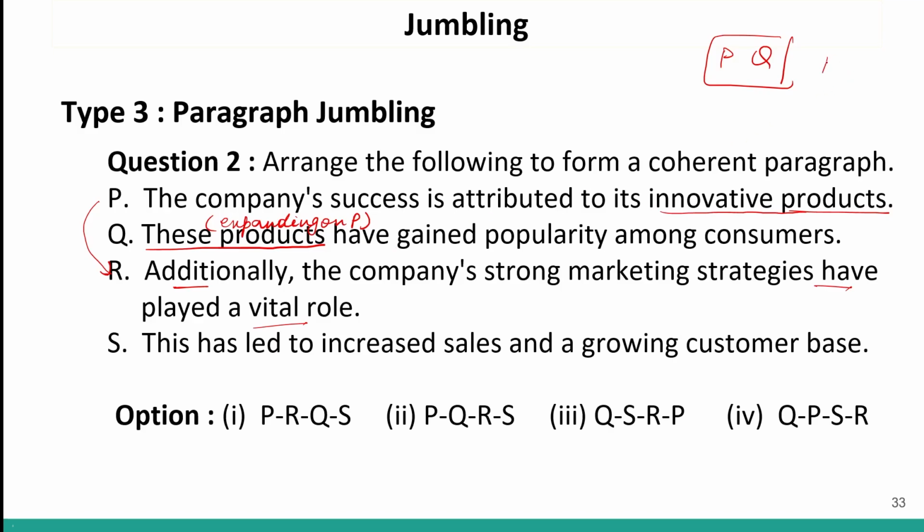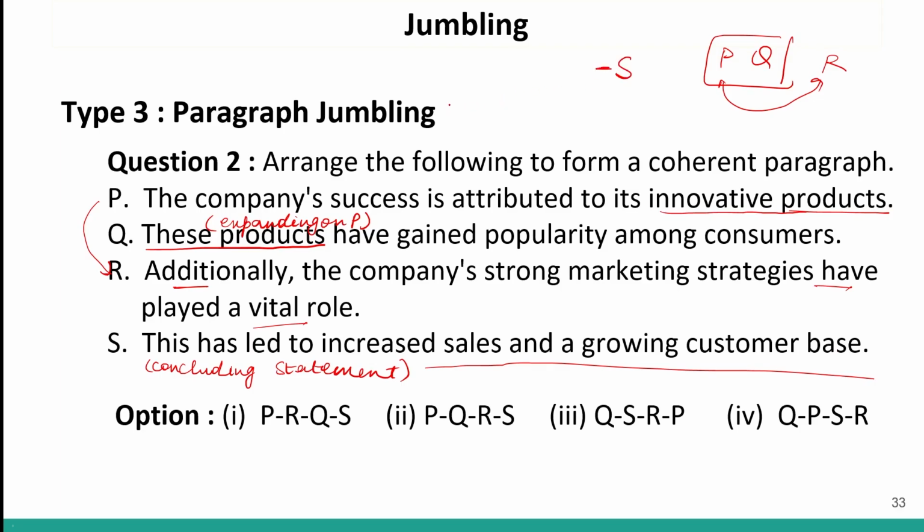So I can say that R will come after P, correct? Then S. This has led to increased sales and a growing customer base. So this can be your concluding statement. So my concluding statement is S.